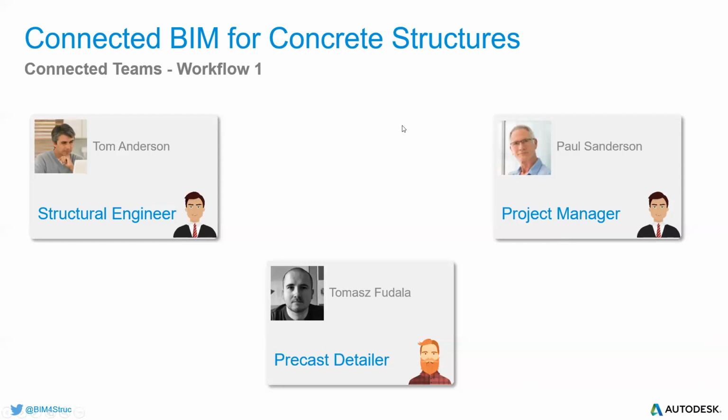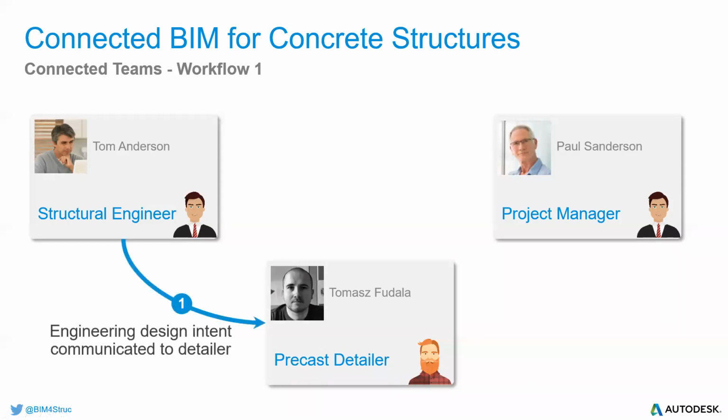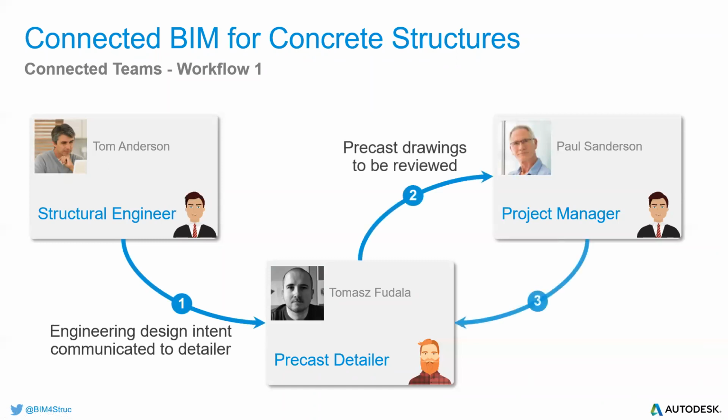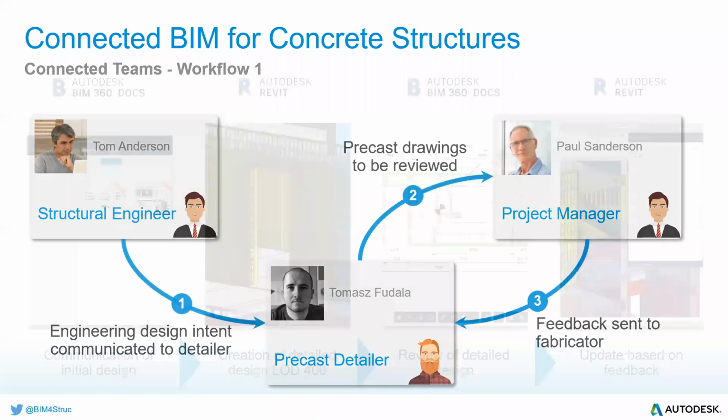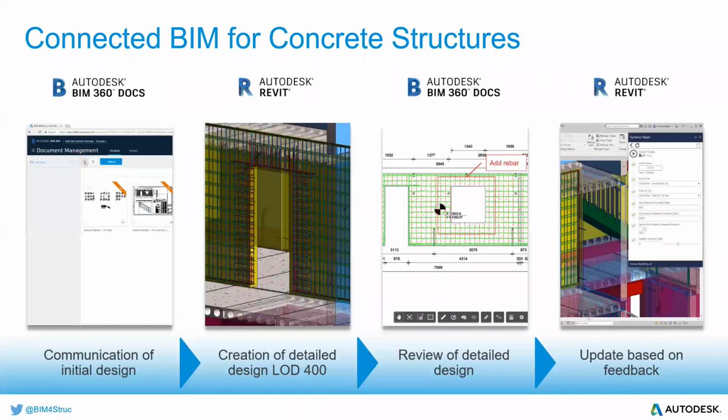So the architect comes in as the project manager. So the first two happens the same way, where the structural engineer communicates the design intent to the detailer. So the detailer now does the same to the project manager, which in many cases is usually an architect. So the architect will review the model, give feedback to the structural detailer, who then gives feedback to the structural engineer if there is any need.